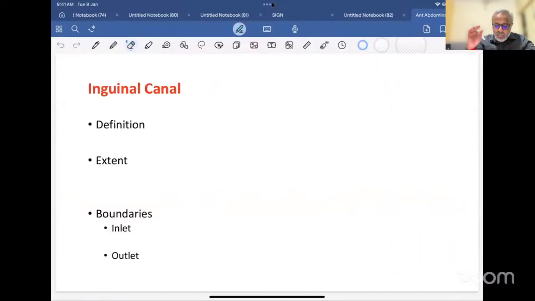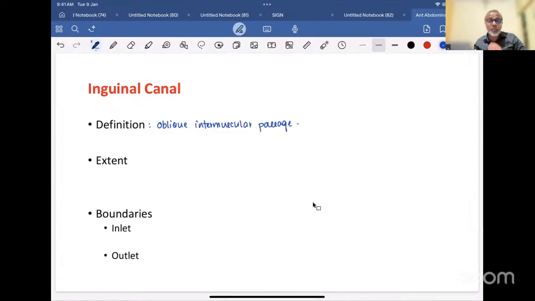So first, let's start with the inguinal canal. If inguinal canal is asked, how do we answer this topic? First, we start with the definition. So what exactly is inguinal canal? Inguinal canal is an oblique intermuscular passage. Where exactly is it situated?